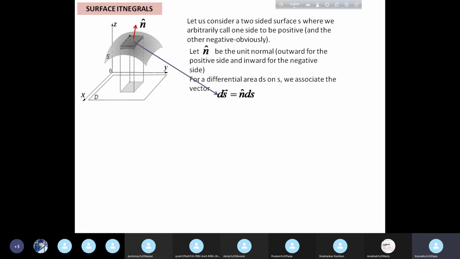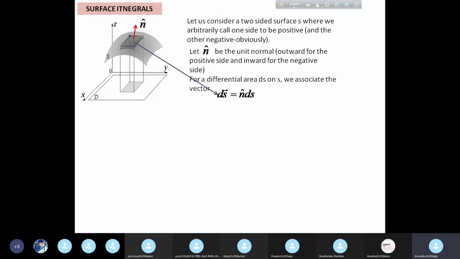This association of an area with a vector sign you had learned when we had done the cross product. Remember, when we take the cross product of two vectors a and b, we said that the direction is perpendicular to both a and b, and we saw that geometrically the magnitude of a cross b gives you the area of the parallelogram formed by the vectors a and b, when a and b are the adjacent sides of the parallelogram.